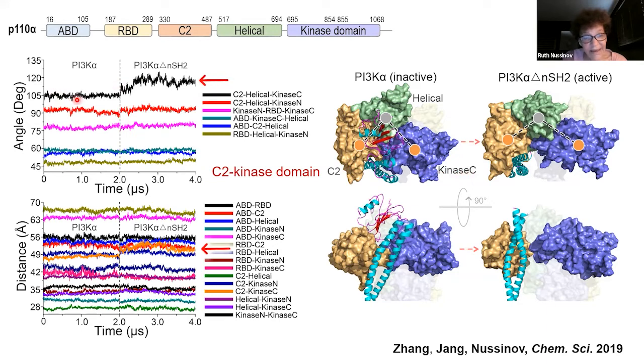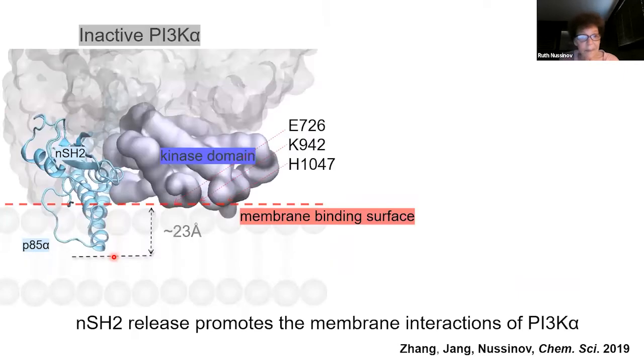Here we see an increase in the angle between the inactive state and the active state, and we look also at the distances between the C2 and the kinase domain, and here we see that the distance in the active state is larger, increases with respect to the inactive state.